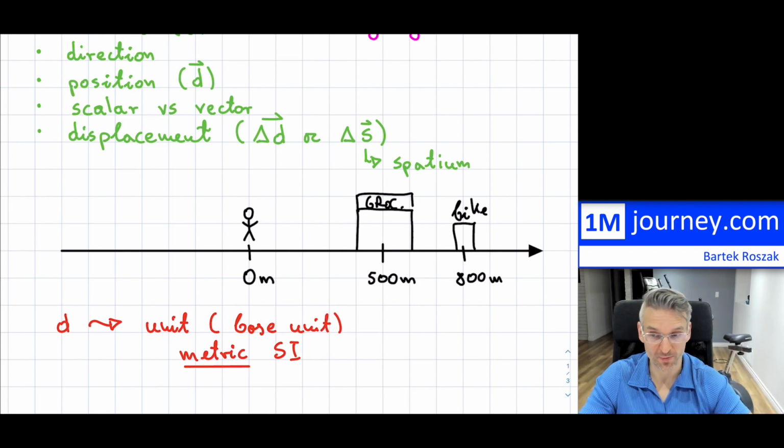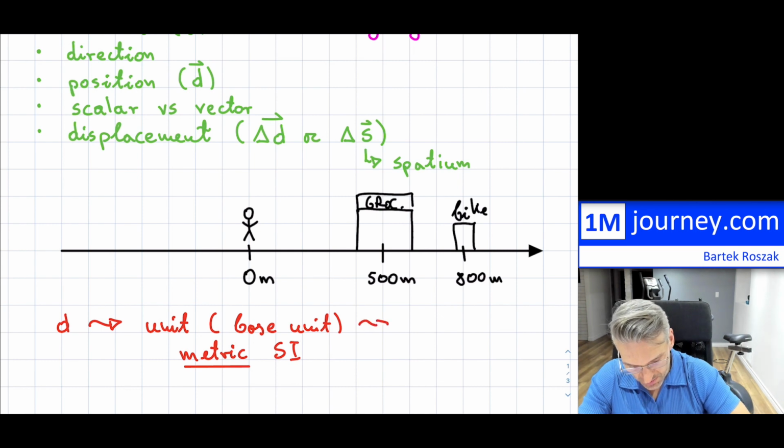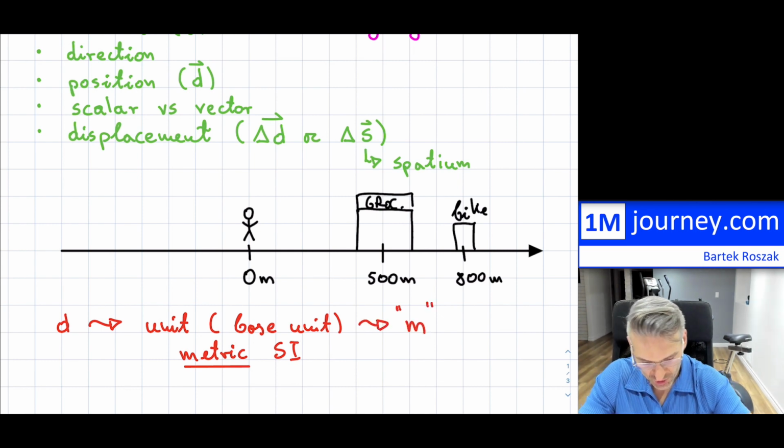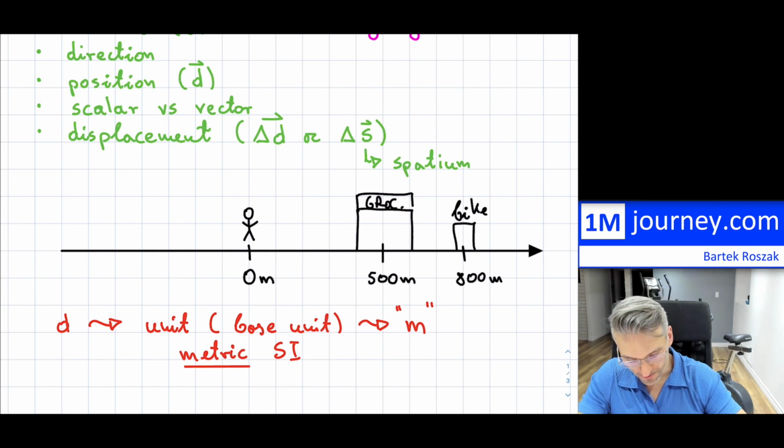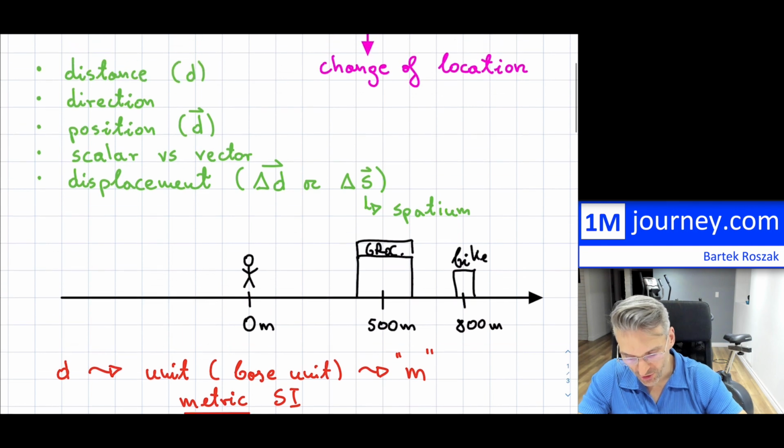Because there are so many, we pick a specific unit, and that unit is meters. Shorthand, we just use M as an abbreviation to measure those particular distances. But you can measure them in kilometers, in miles, in feet, and you can do unit conversions back and forth in between there to bring it back to a standard unit. So that is the distance that we travel.